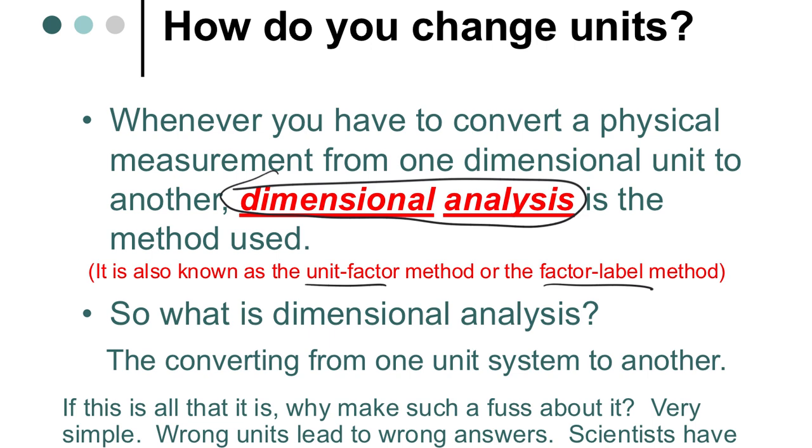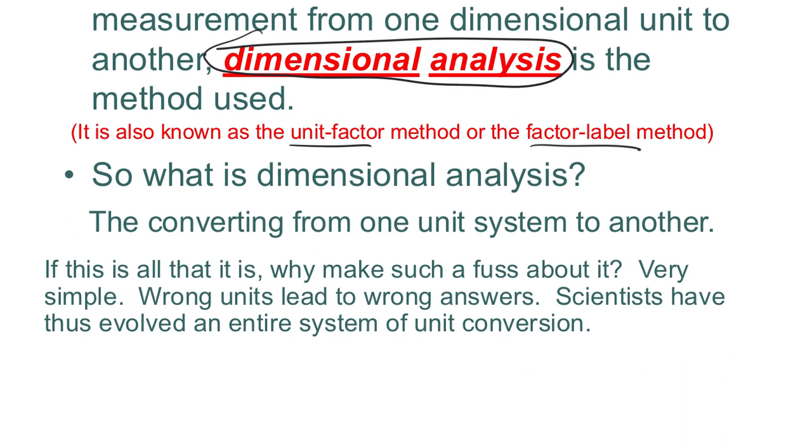So what is dimensional analysis? You can use it to convert within the United States system measurement or within the metric system or between the metric and the US system of units.